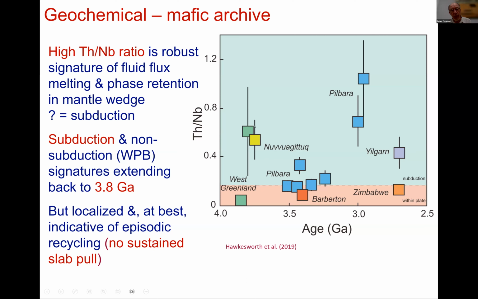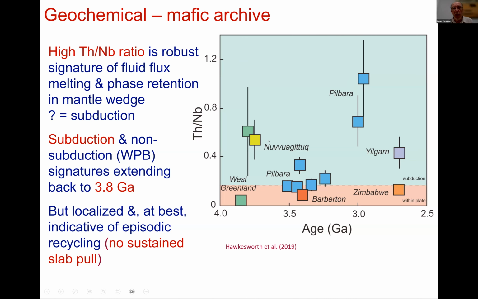And so one can see that perhaps in areas of West Greenland, the North Atlantic, or in northern Canada, potential evidence for fluid flux melting. At 3.8 Ga, in the Pilbara, there's a change from more within plate type character to more high thorium niobium ratios after 3 billion years ago. And then in the Yilgarn, more around 2.7. So we see evidence for at least localized and certainly episodic recycling of continental lithosphere to produce fluid flux melting, and possibly that's an indicator of subduction.